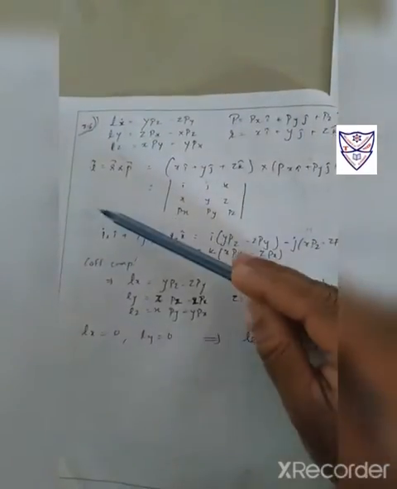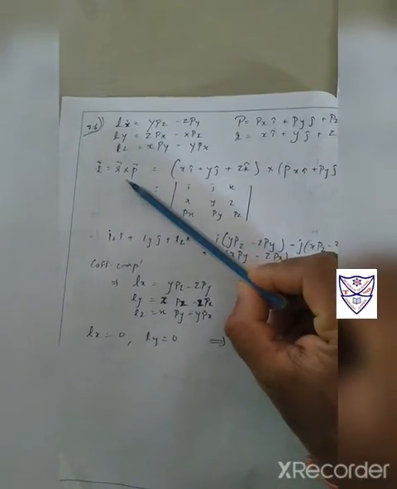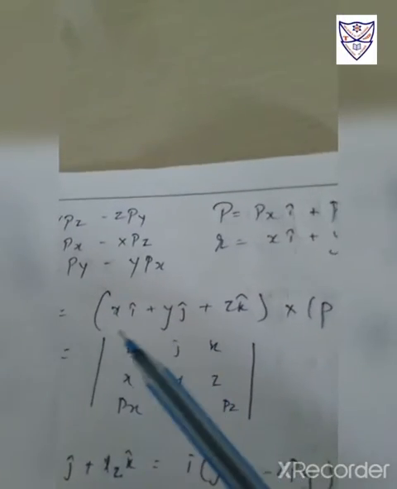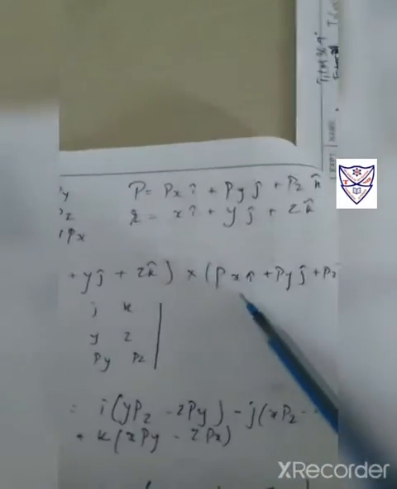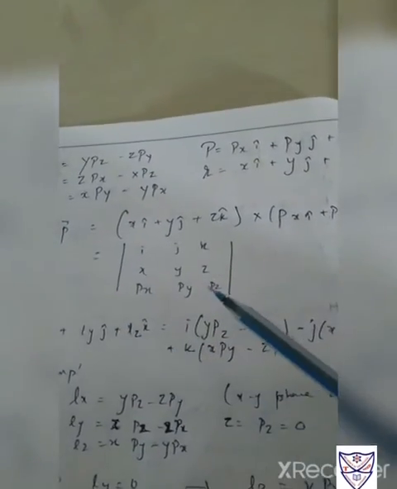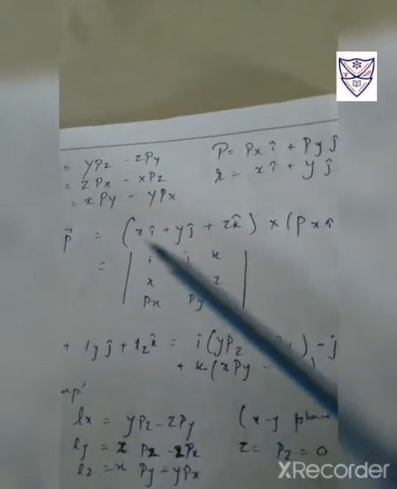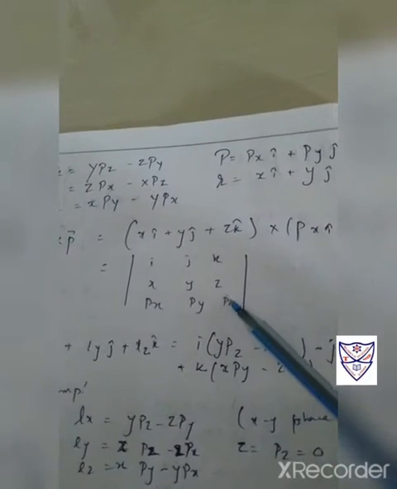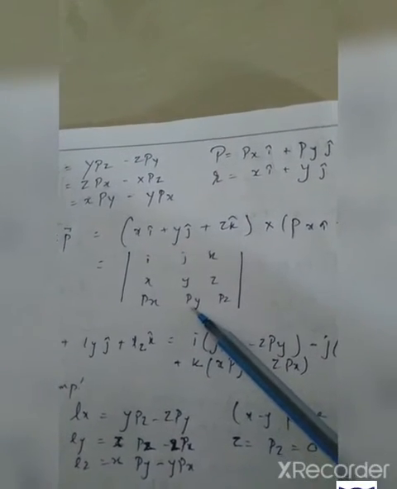Now you know that L is equal to R cross P, so I am just placing the values of R and P from here, so that can be written in determinant form. First, take the first term and multiply these two terms in the brackets.